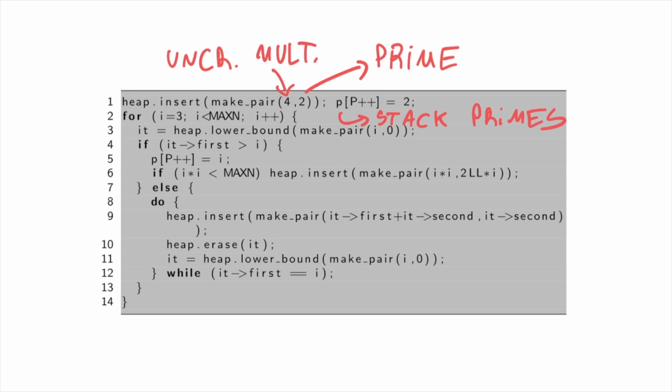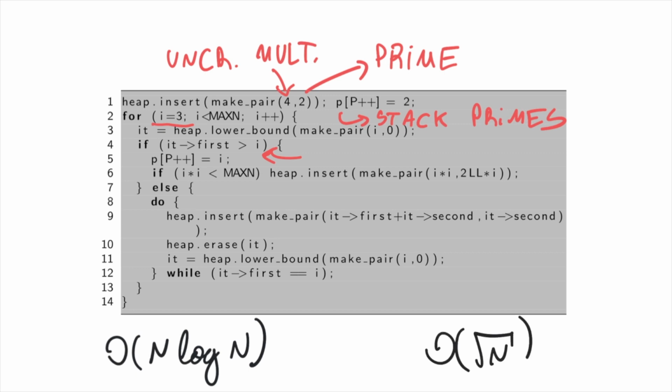And we will process the numbers from 3 onwards, just taking the first uncrossed number and comparing with the one we are considering. So this algorithm retains the good running time of our sieve, n log n, and it also has O of square root of n memory. So it has the best of both worlds, let's say.